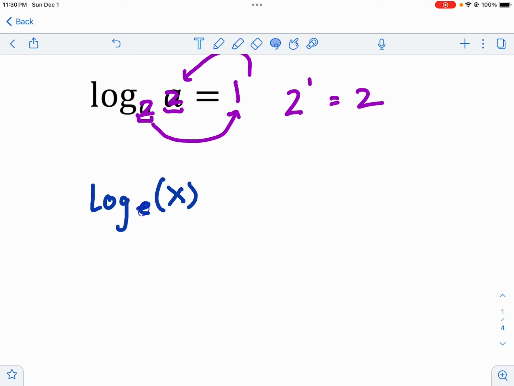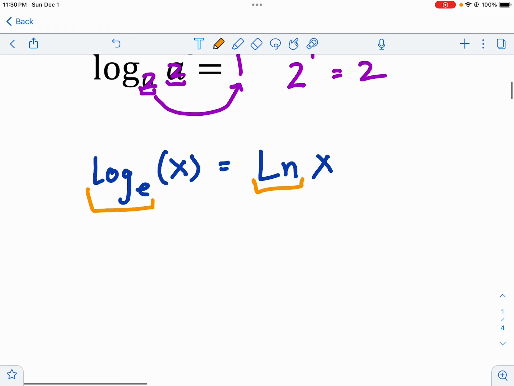Log base e of x is the same thing as the natural log of x. So in the future we don't write logs anymore. Natural log is just so much easier to write. One less letter. You don't have to deal with the base. So in the future you can see a lot of that instead.